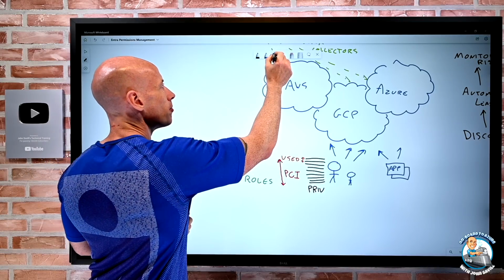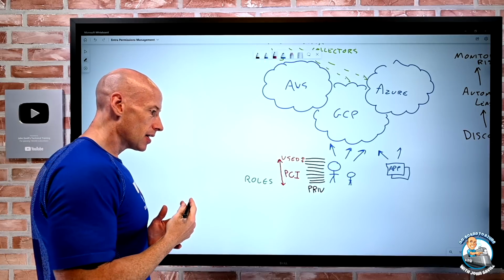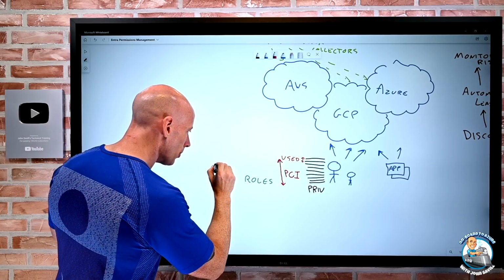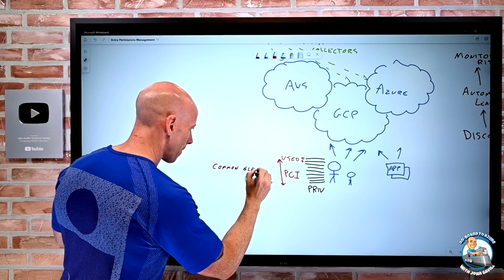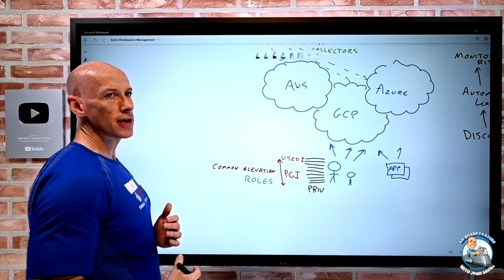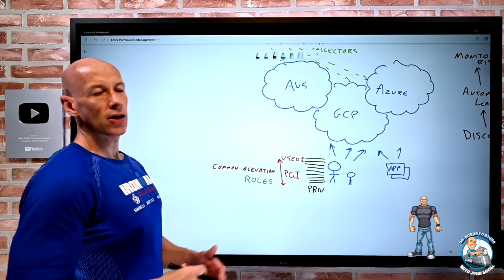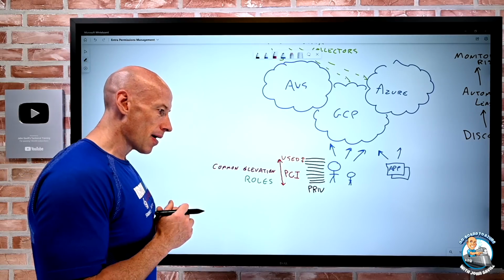And then there are going to be permissions that I routinely need. So I could think about common elevation. As part of my job, I often need to become a contributor on this resource group or this account or this project to do things with databases or whatever that might be.